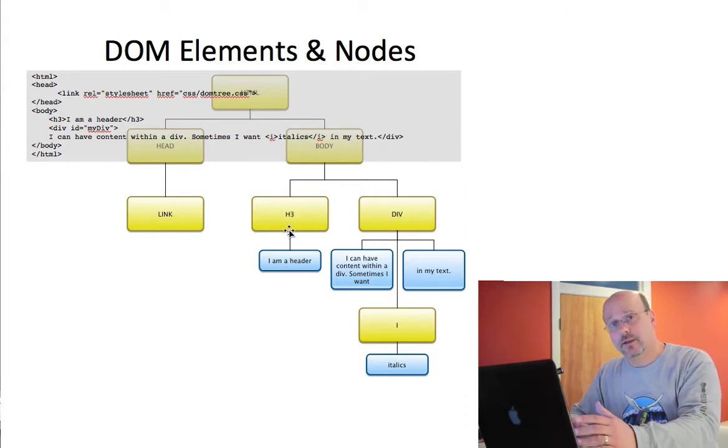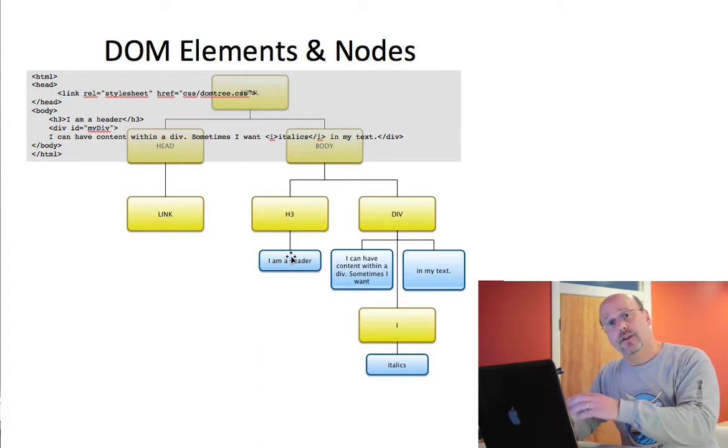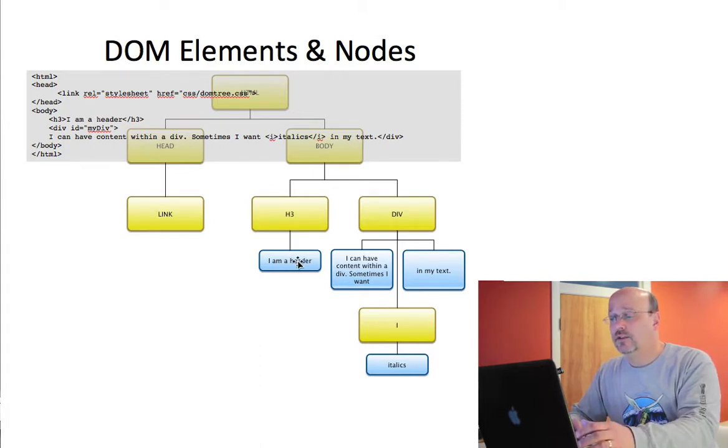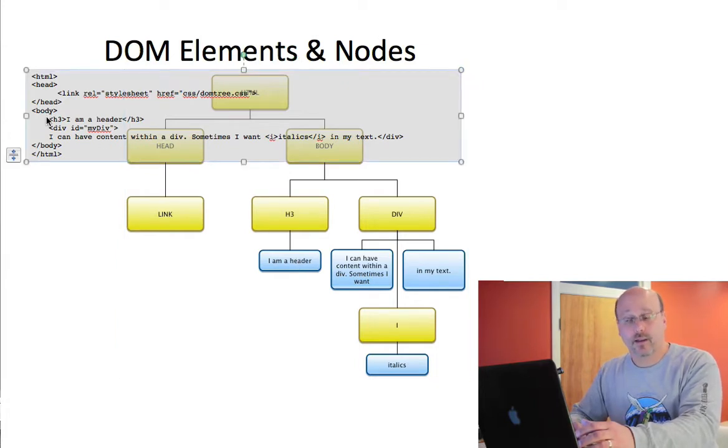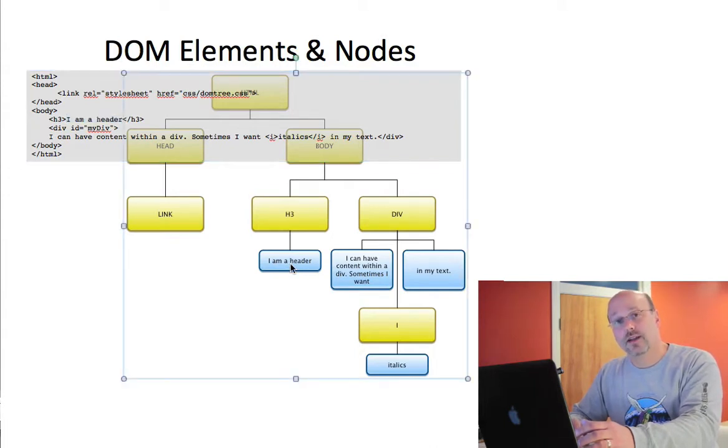And between element nodes, and as children of element nodes, you often see text nodes. So in this case, let's look at what we have. We've got an H3 element, and the H3 appears here as an element node. And as a child of that H3 element, we've got a block of text. That block of text shows up as a text node in our DOM tree.